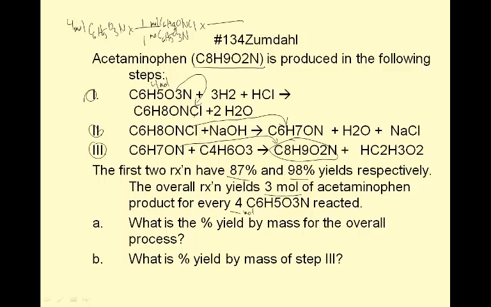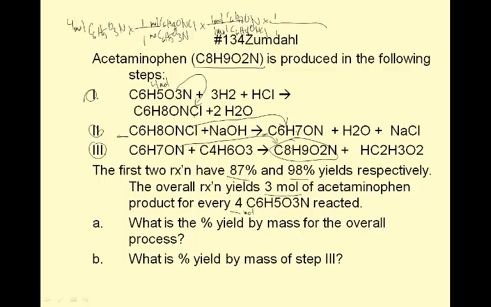Then C6H8ONCl is going to turn into C6H7ON, and notice it's a 1 to 1 ratio again. 1 mole C6H7ON and 1 mole C6H8ONCl. So now I'm in C6H7ON, and I want to go from there into acetaminophen. So again, I've got a 1 to 1.